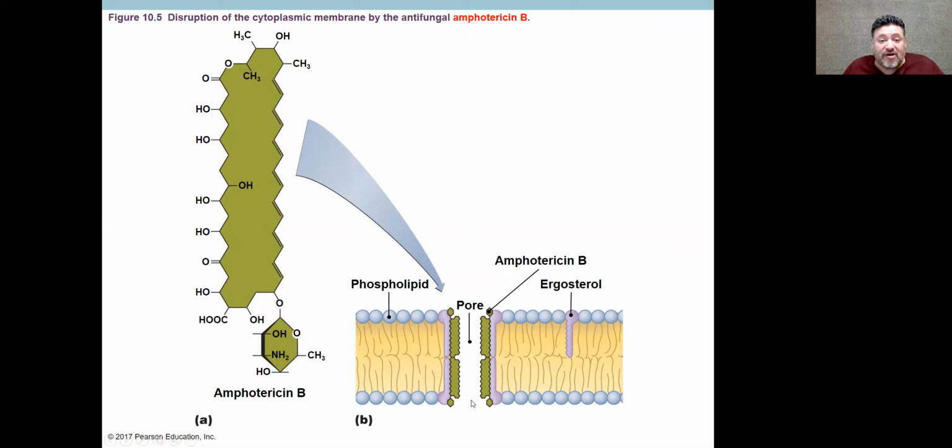Well, you can't have a plasma membrane with a hole in it. If you do, everything that's essential inside is going to escape to the outside, and everything that you don't want coming in is going to come to the inside. So effectively, you have just lysed this fungal cell. And this is very important because we do not have a lot of antibiotics against fungals or fungi. So this consequently becomes very, very important.